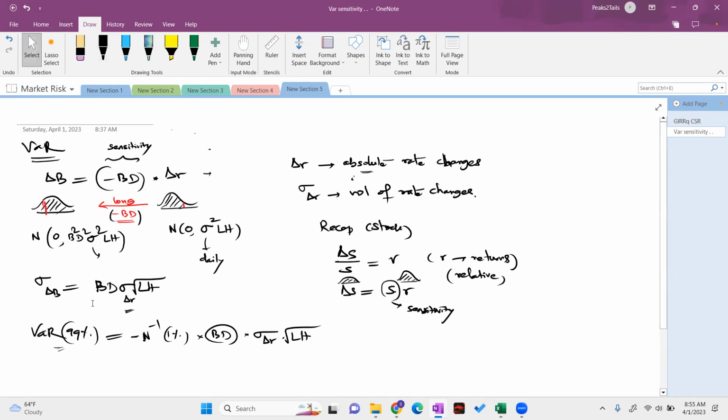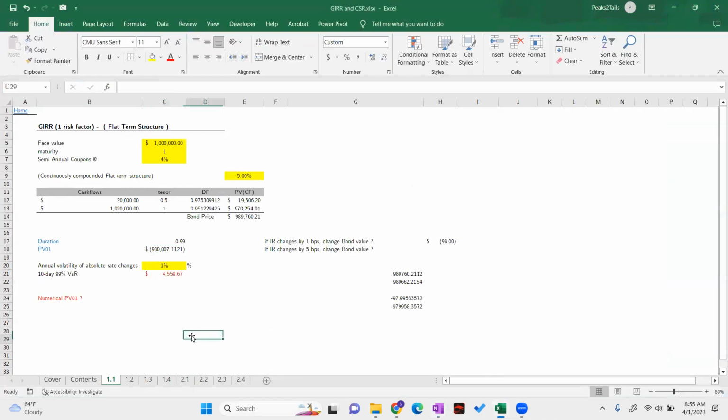Okay. That's what we need to do for value at risk. If the annual volatility of the absolute rate changes, that means delta R is 1%.